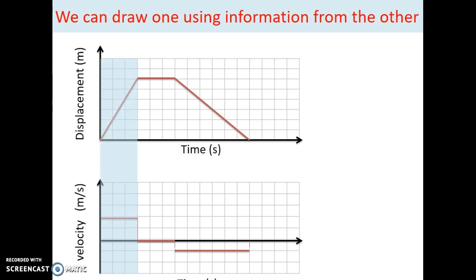So we can correspondingly draw one graph from the other.